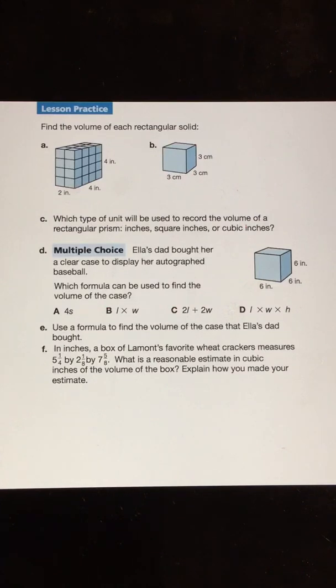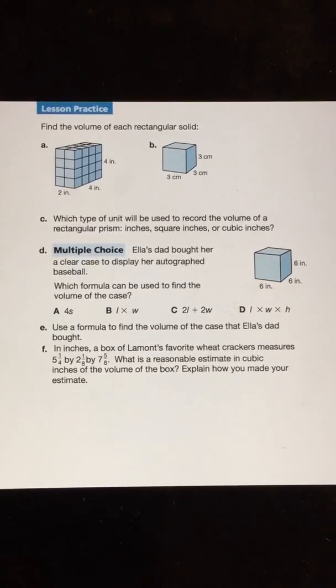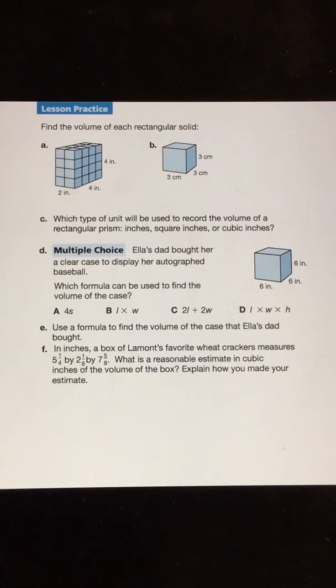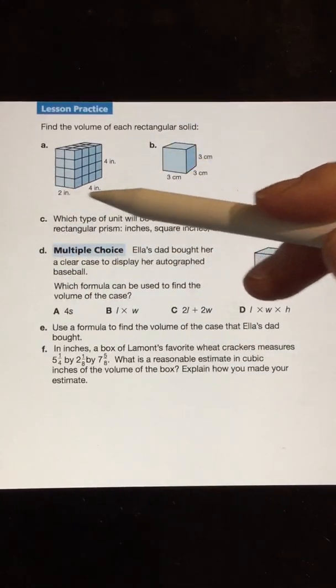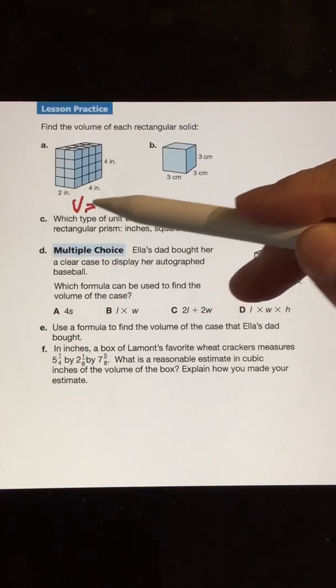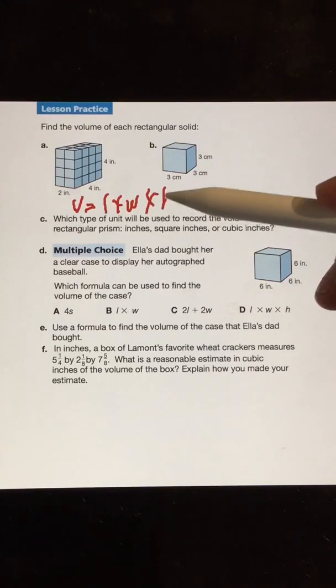Now our lesson practice. Our lesson practice today, I put it on the screen instead of on my piece of paper because it has the shapes. So the first thing I'm going to do is, for my volume, I am doing volume equals length times width times height.